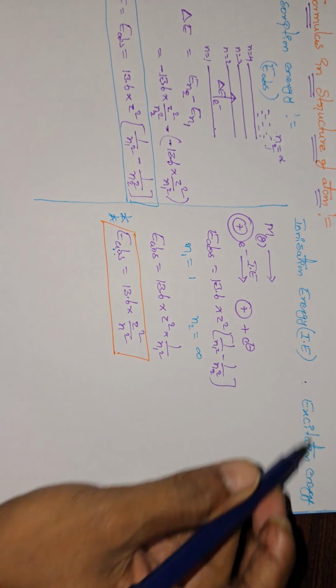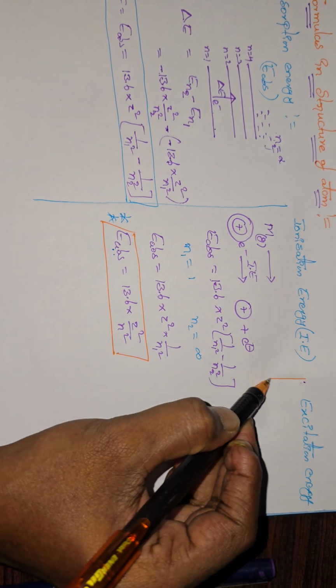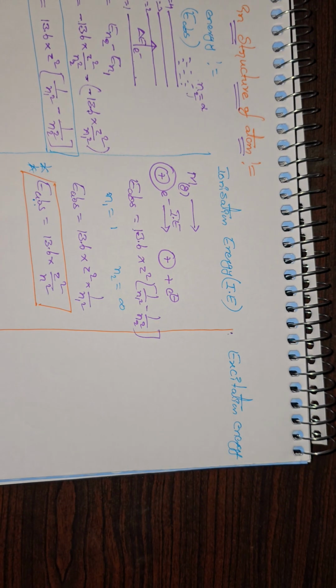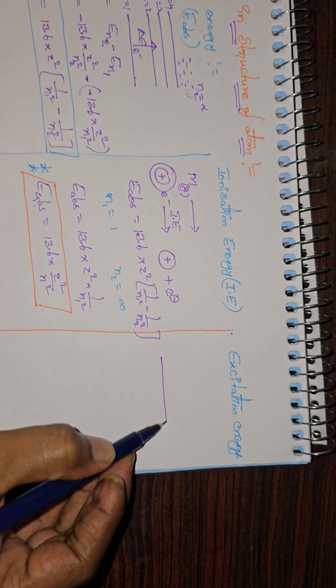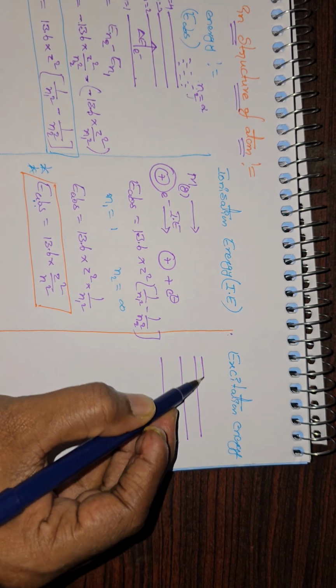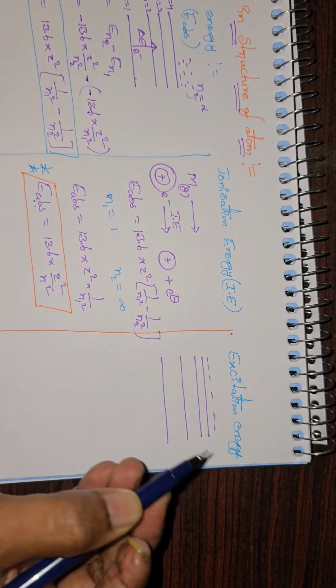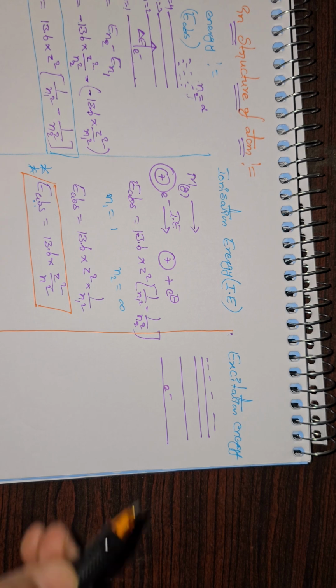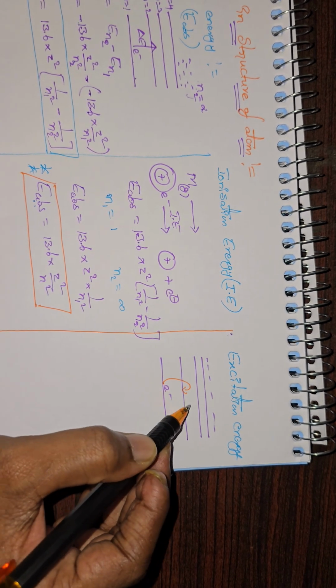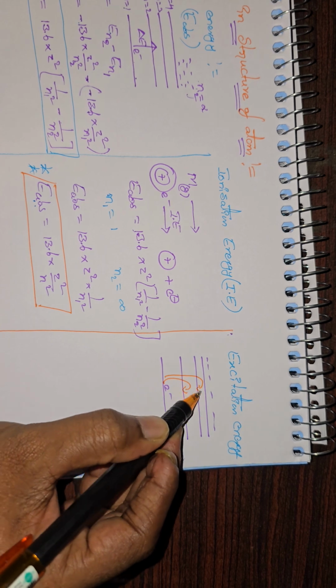Next, what is the formula? Excitation energy. What is the meaning of excitation energy? Suppose the electron is present in one of the orbits. The electron moves from a lower energy orbit to any one of the higher energy states, either the second orbit, third orbit or any orbit.